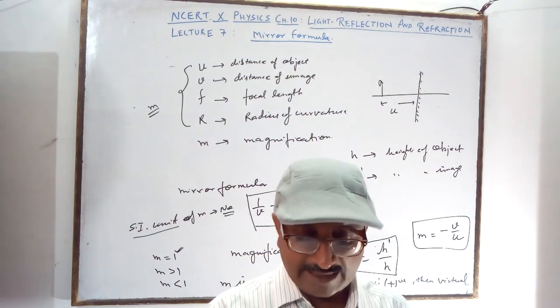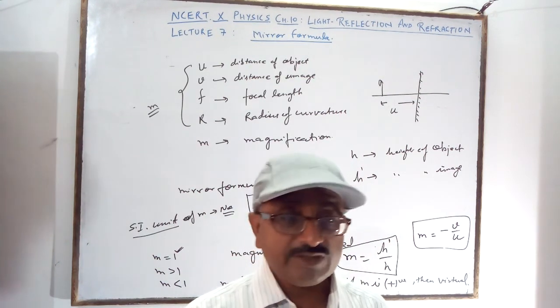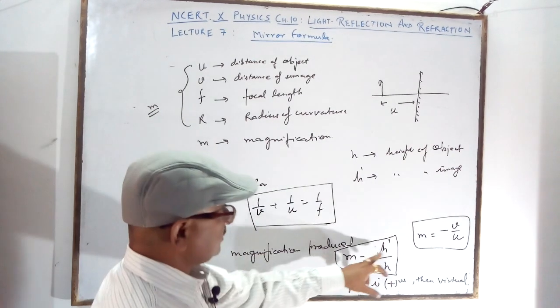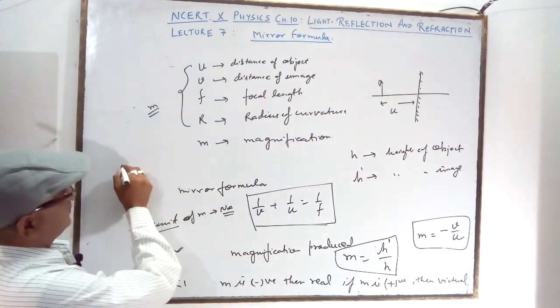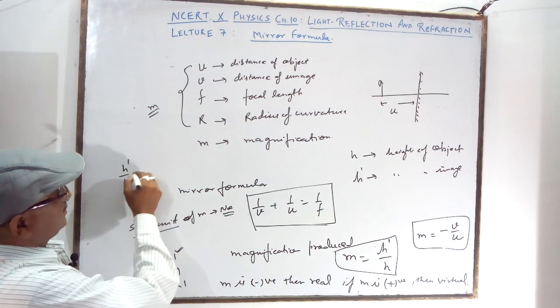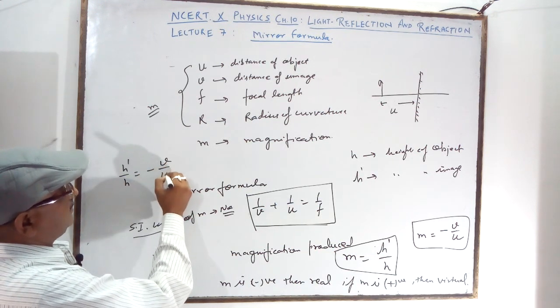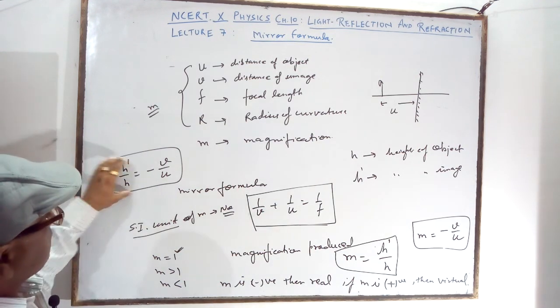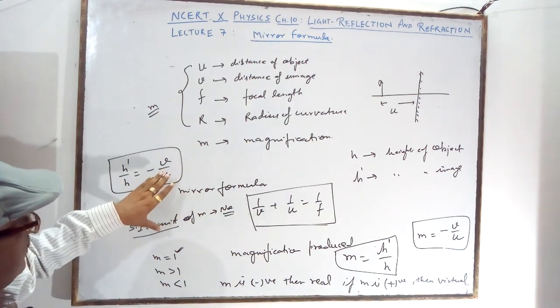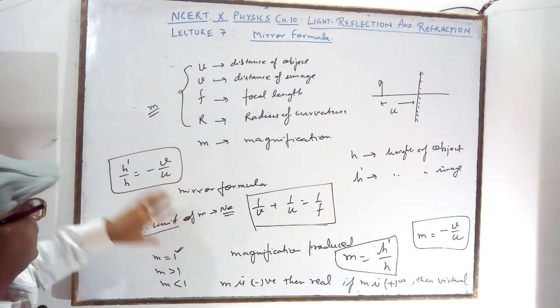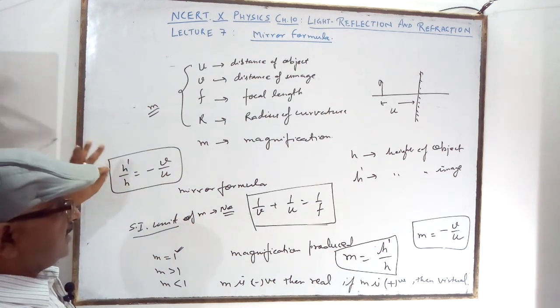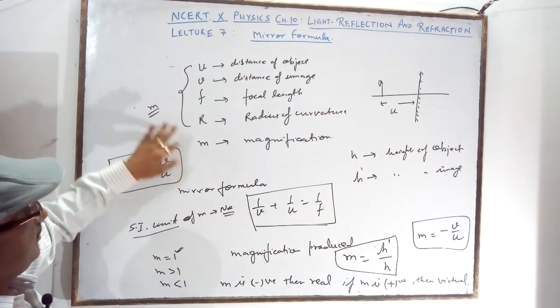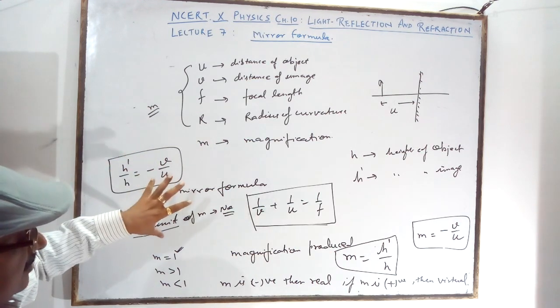You have seen the magnification of any object. So with the help of these two, you can get h dash upon h is always minus v by u. It is the formula of the relation between the distance of the object, distance of the image, height of the object and height of the image, but with the help of sign.